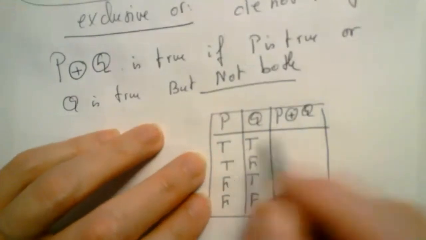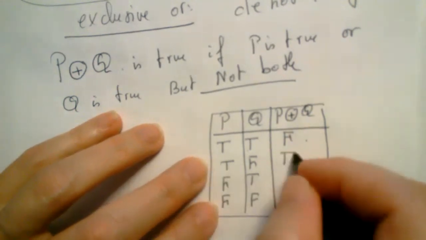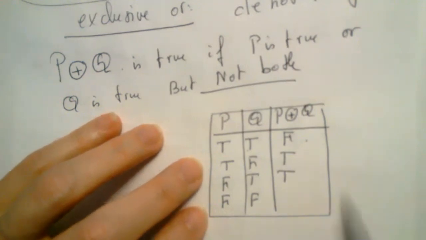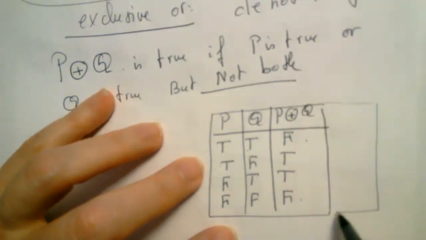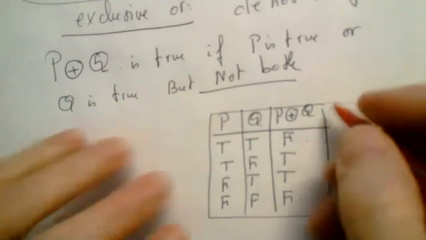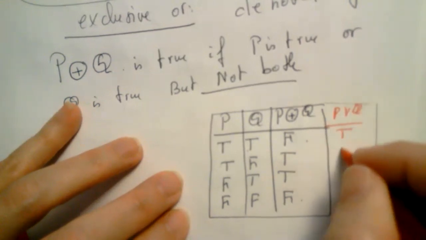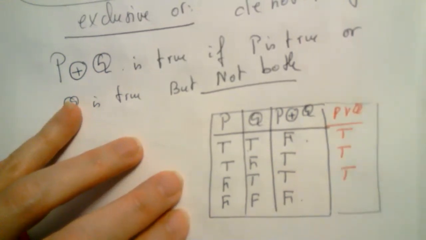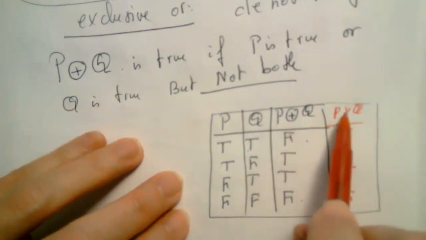If both are true, the exclusive one is false. If one is true and the other is false, it's true. If both are false, it is false. So it's very different from P or Q. Different means it doesn't have the same value; that's what different means in this class. The P or Q column is true, true, true, false, so it's different from the exclusive OR.